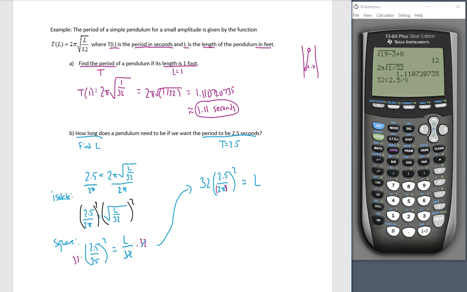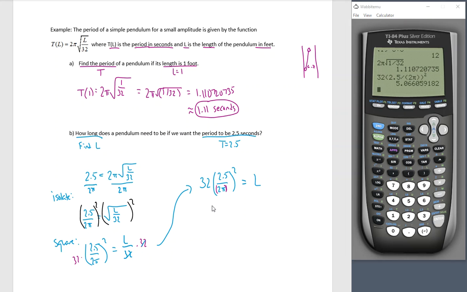I'm going to put parentheses around that entire denominator, or else the calculator doesn't know the 2 and the pi are both down there unless you tell it to consider these two together. Multiply 2 and pi, throw those in the denominator. Now I have to close the parentheses on the 2 pi, close the parentheses around the whole fraction, and then I will square it.